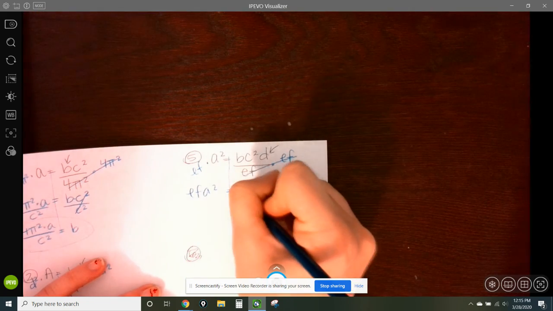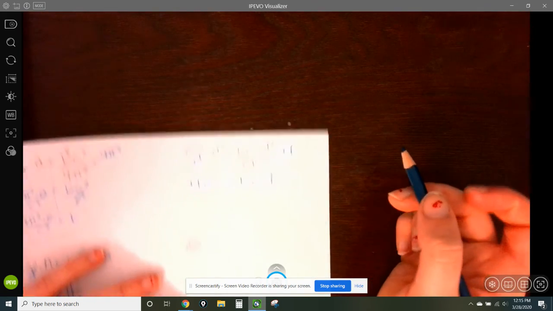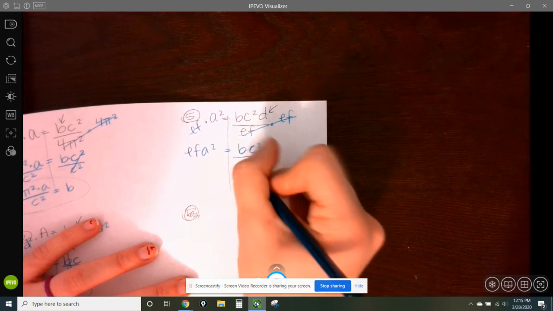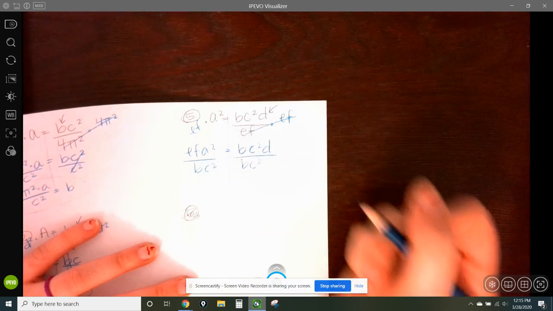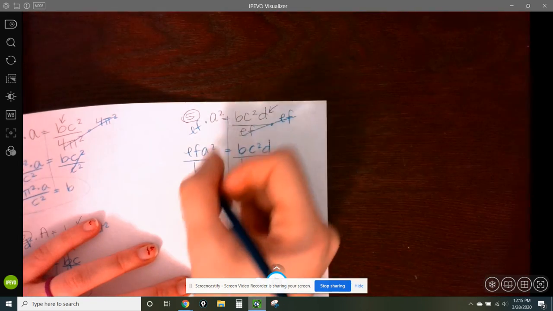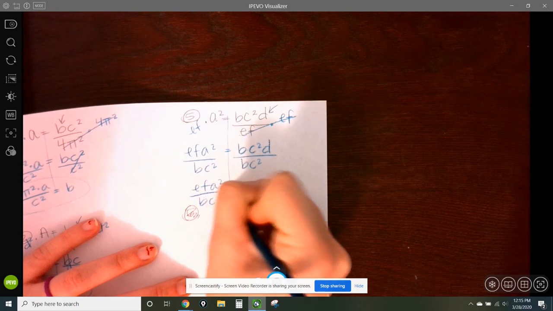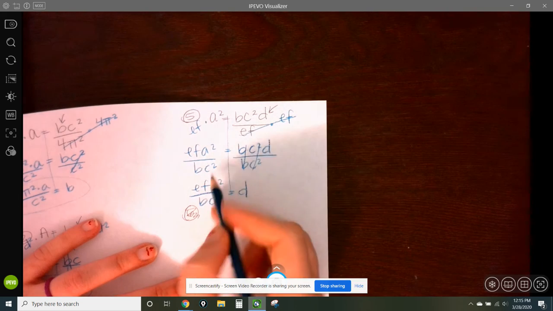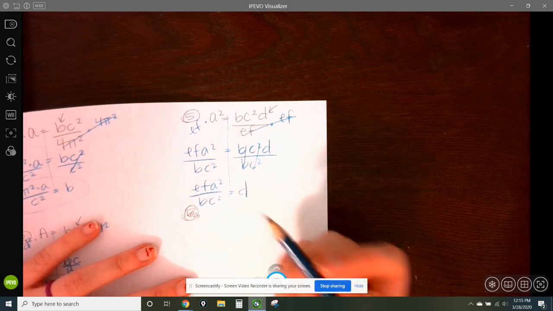On the right, I have BC squared D. I'm trying to solve for D, so I need to get rid of those things that are next to D. These are being multiplied right now, so I'm going to divide by BC squared. So on the left, I have this EFA squared divided by BC squared. And on the right, I have D. Remember, these can be in any order. You could have had the a squared first and then the EF.